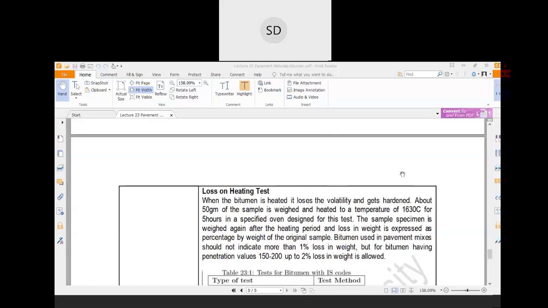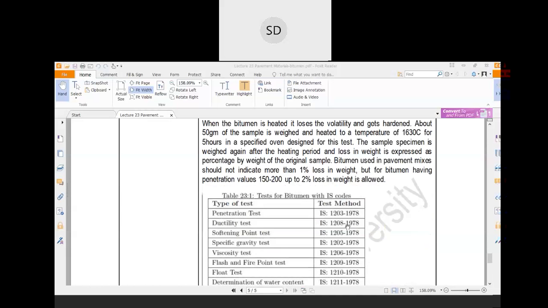Basically, bitumen used in pavement mixes should not indicate more than 1% loss in weight, but for bitumen having penetration values 150 to 200, up to 2% loss of weight is allowed. So these are the loss on heating tests.